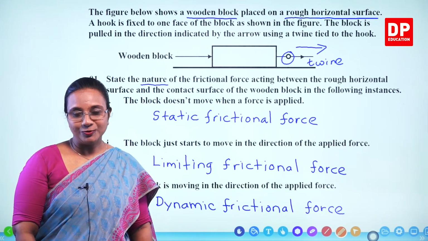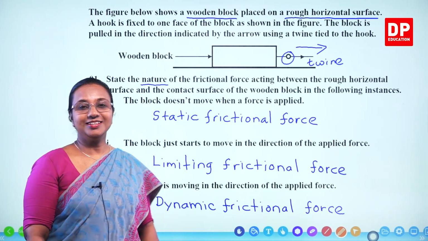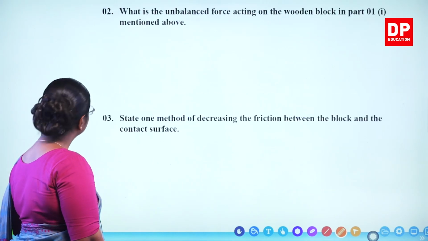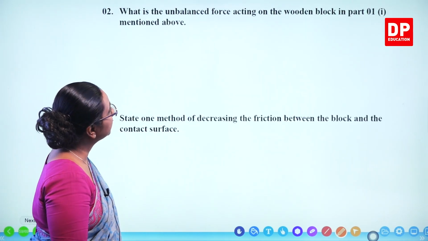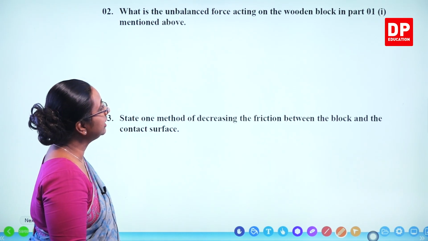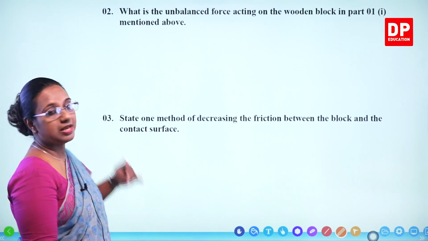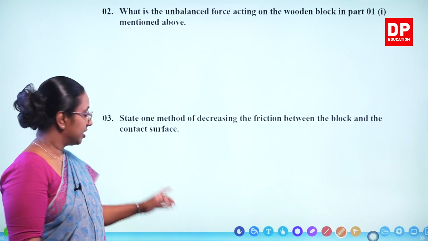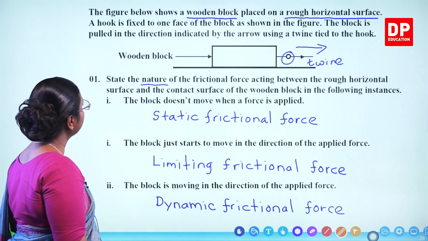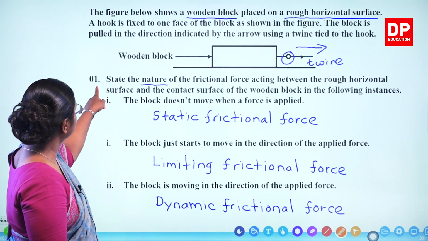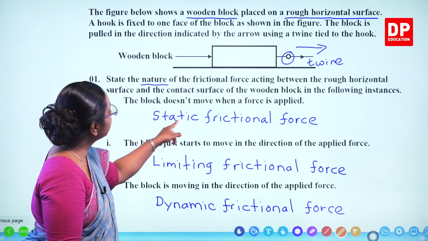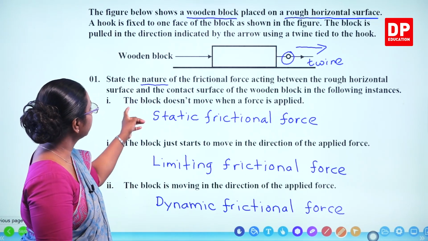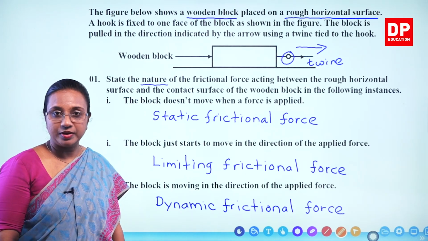Now we will move on to the next question. What is the unbalanced force acting on the wooden block in part 1.1 mentioned above? Just to check the instance, I will go back to the question. This is part 1 and the first part is static frictional force, which means the block is not moving.